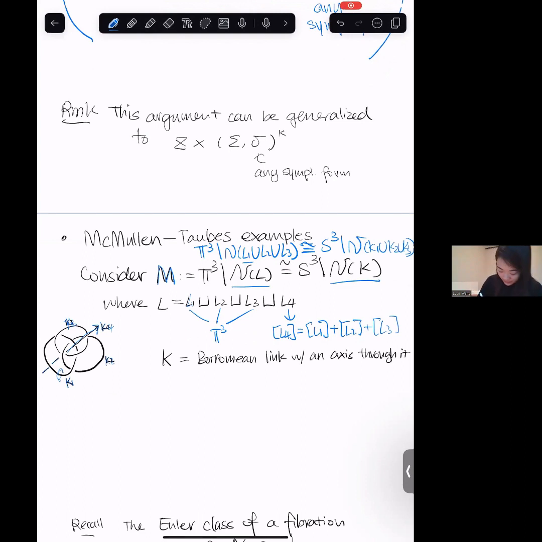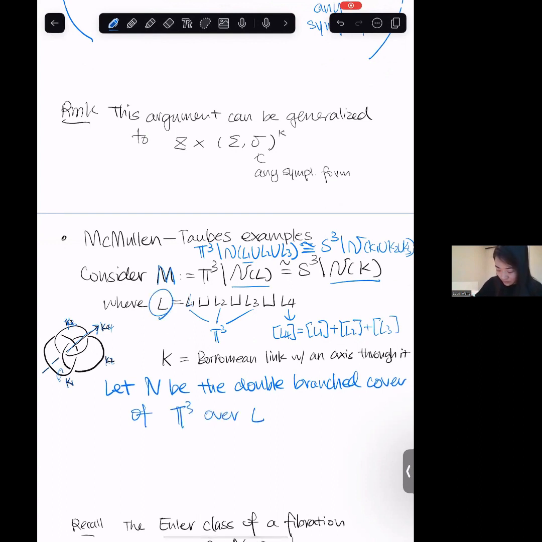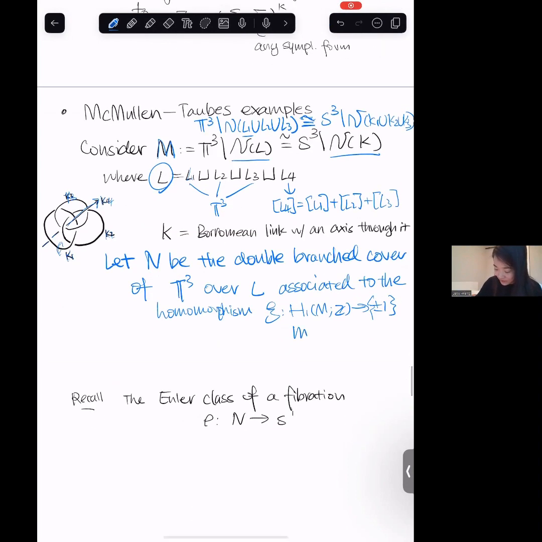Okay, and the four manifold they construct is based on N cross S1, where N is the double branched cover of T3 over L, the four component link, associated to the homomorphism sending the first three meridians to 1 and the fourth component to -1.